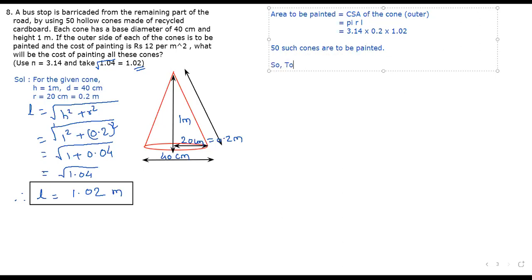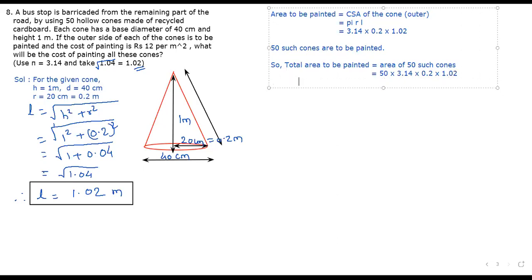So total area to be painted is equal to area of 50 such cones. See now, for 50, I'm going to do 50 into 3.14 into 0.2 into 1.02.